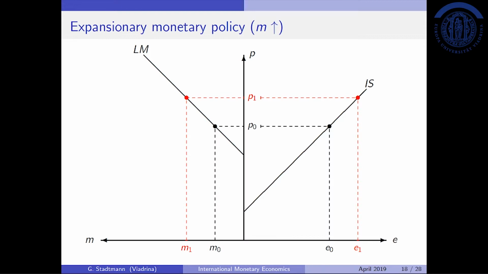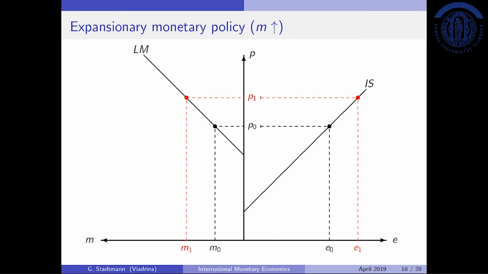So in case that the central bank increases money supply, this will lead to inflation. The internal value of the currency is deteriorated, and also the external value of the currency is deteriorated.